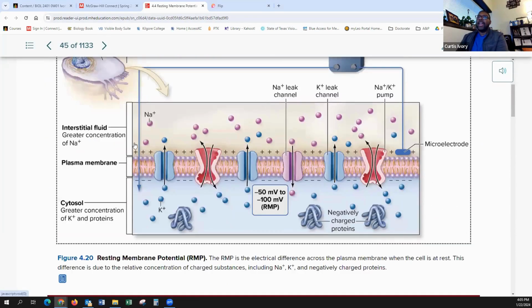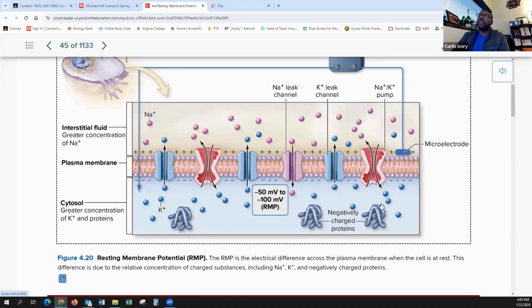Here we have a plasma membrane with some different channels, and some different ions: some potassium and some sodium, in different concentrations. We have a concentration of sodium out here and a concentration of potassium on the inside.